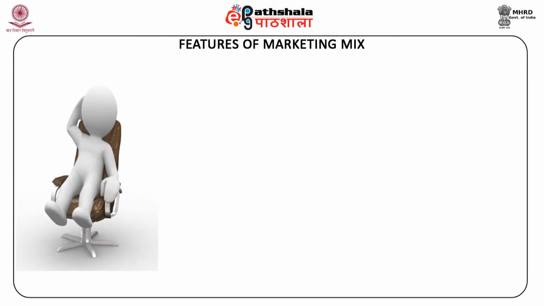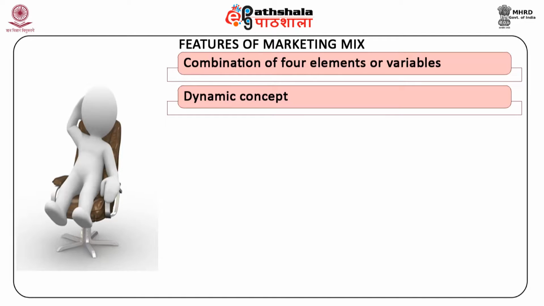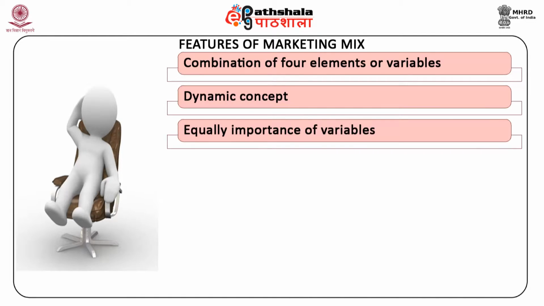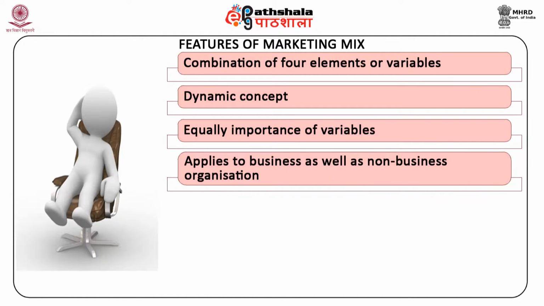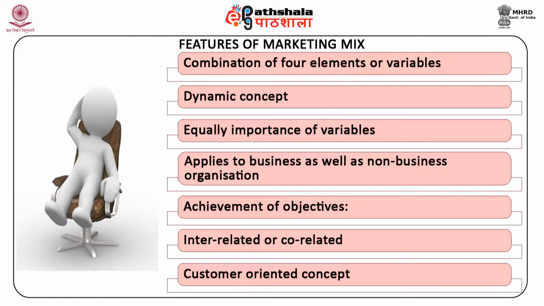Next, we will discuss the features of marketing mix. The features of marketing mix are as follows: combination of four elements or variables, dynamic concept, equal importance of variables, applies to business as well as non-business organizations, achievement of objectives, interrelated or correlated, customer-oriented concept.